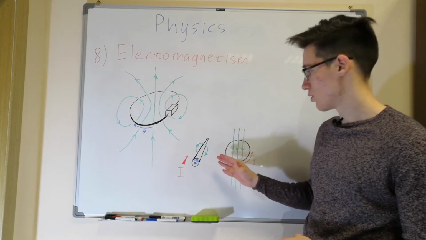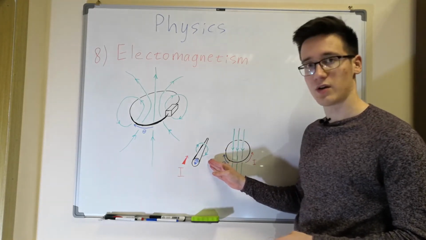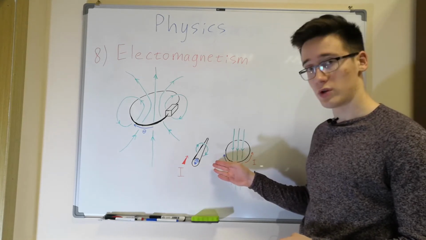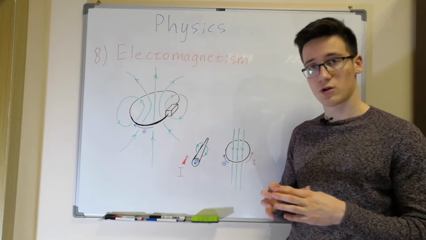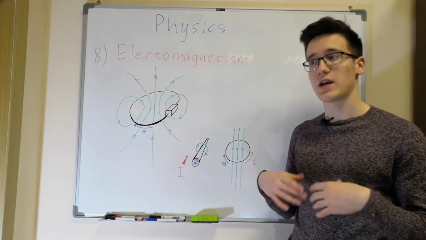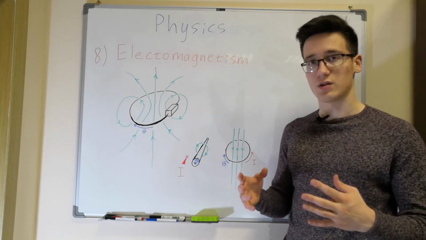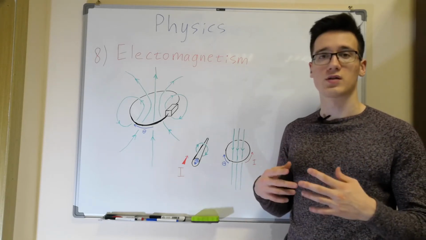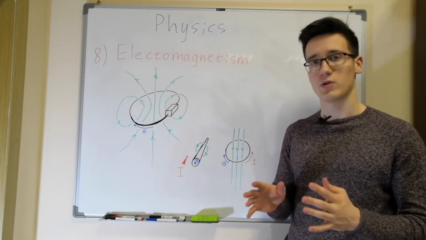But if we just look at a wire, it will generate the magnetic field as I've shown here. But if we take a circular wire frame and we apply a changing external magnetic field to it, this would result in an electric current inside the wire, even if there was no battery in the circuit.